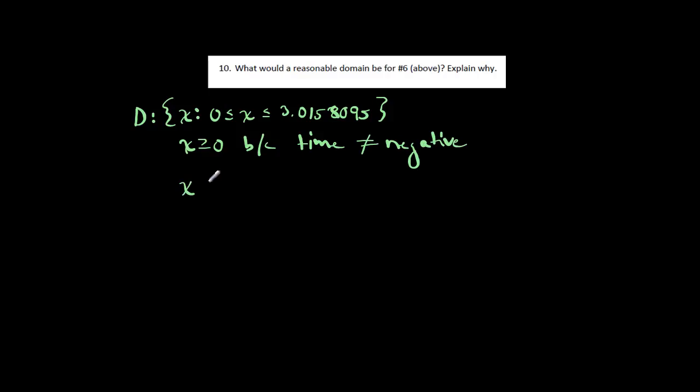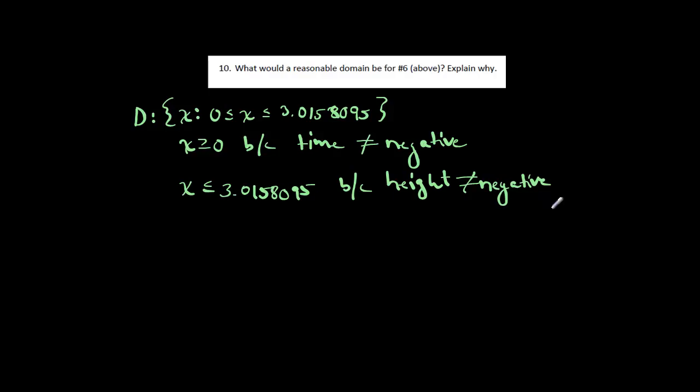Also, x has to be less than or equal to that magic number because the height can't be negative. Meaning, if x was higher than this, the height would be negative, so it's got to be below it. So if you take these two things into account, you get that domain. And that's it.